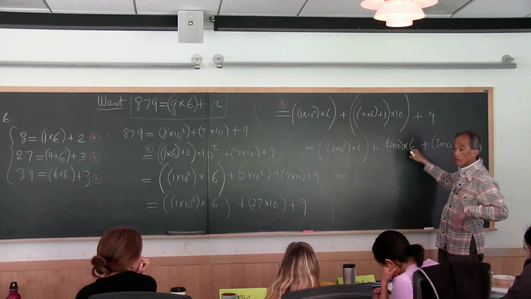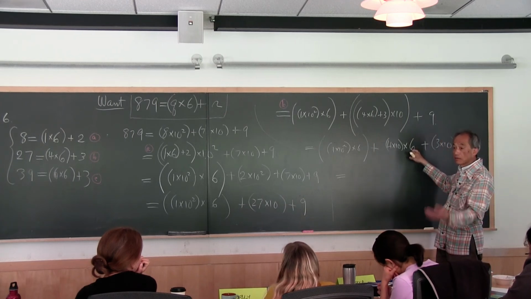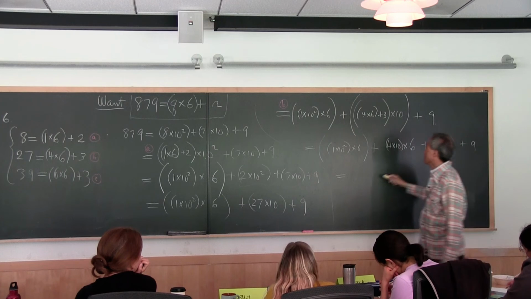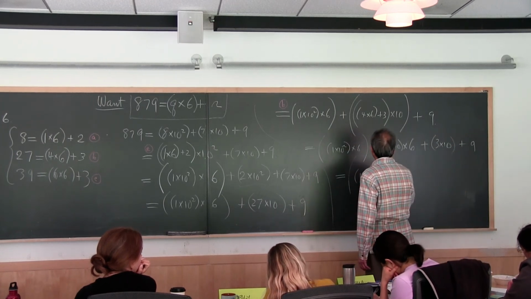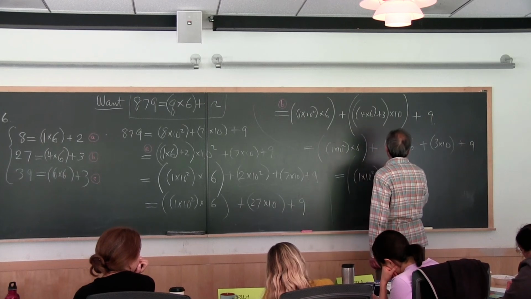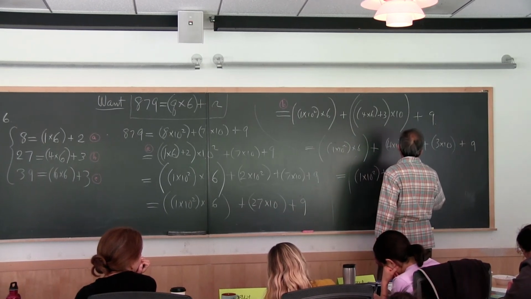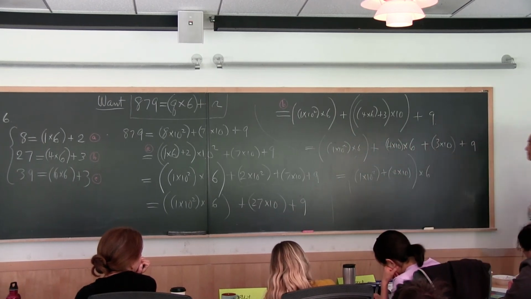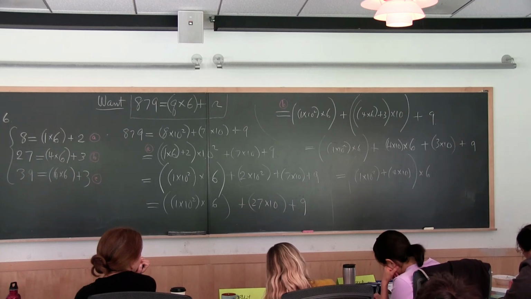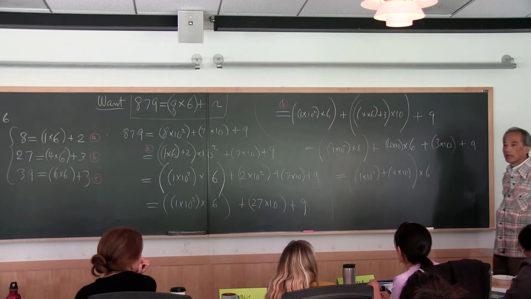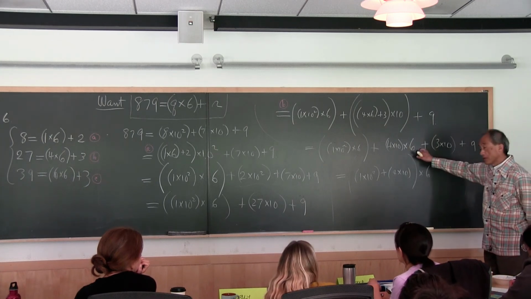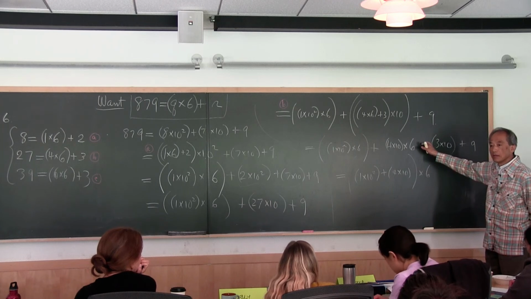Times 6, times 6, every time you see that happens, it's distributed. So therefore it's 1 times 10 squared plus 4 times 10 times 6. Right? Not yet. Alright? So we got that straightened out.